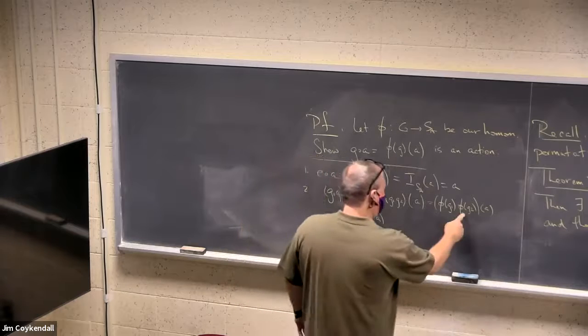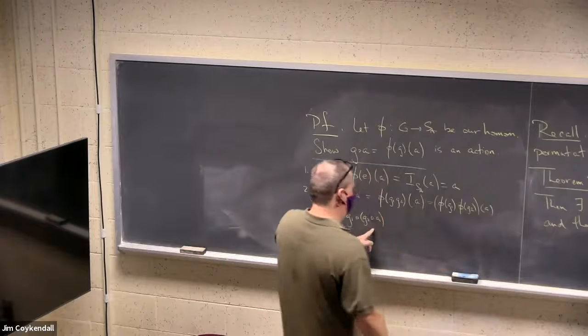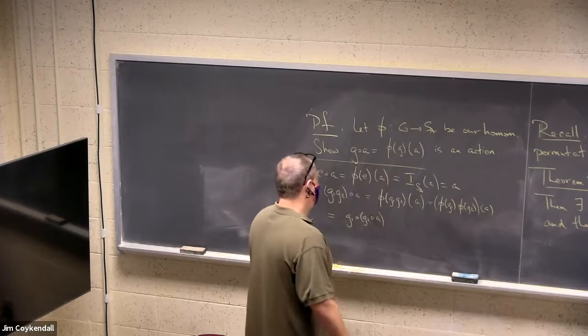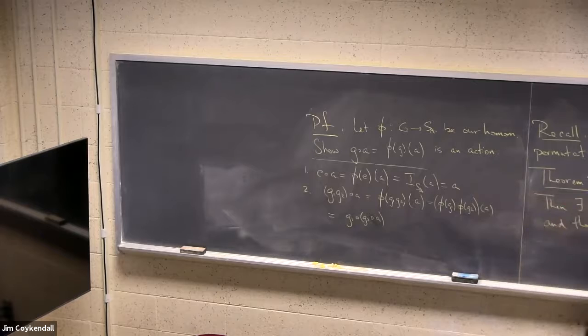So this is right. This is phi G2 applied to A, which is G2 applied to A, and then that applied to A. So this, in fact, is an action. So what we really need to do is show that this correspondence is bijective. We need to show it's one-to-one and onto.